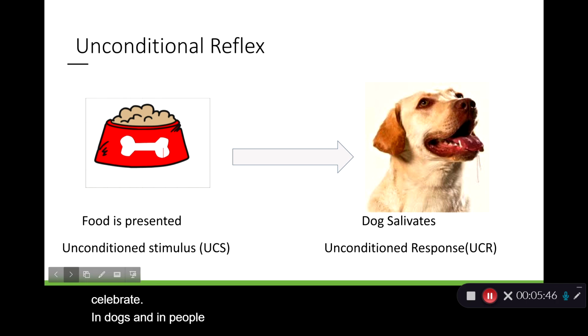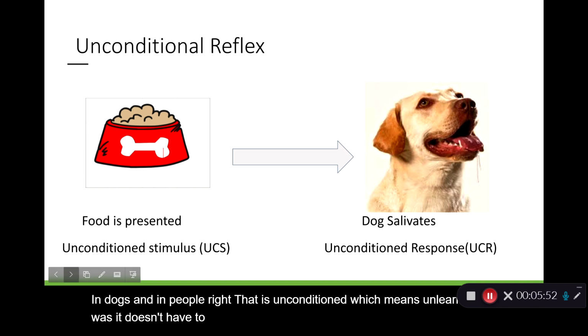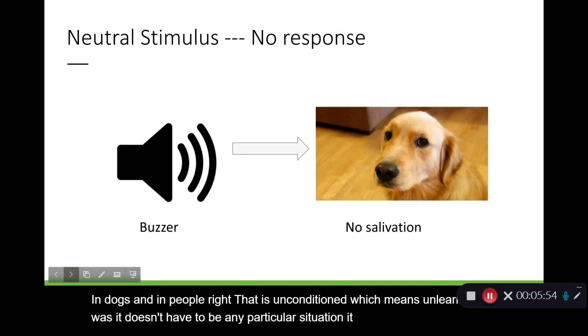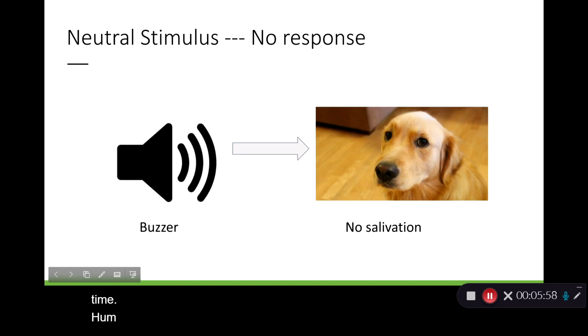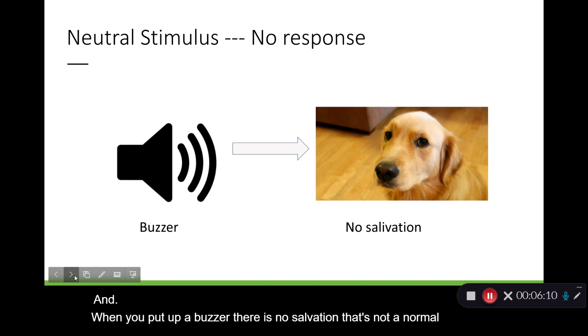That is unconditioned, which means unlearned, or doesn't have to be any particular situation. It happens pretty much all the time. Then we have a neutral stimulus. So in this case, a buzzer. And when you put off a buzzer, there's no salivation. That's not a normal response to a buzzer, right?